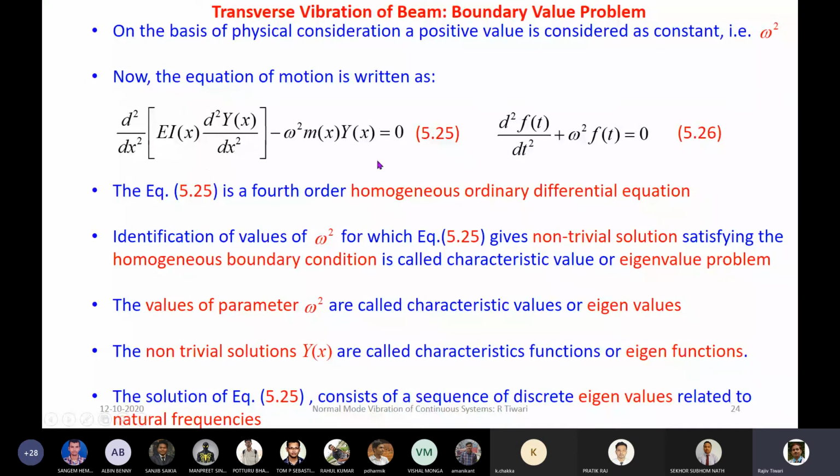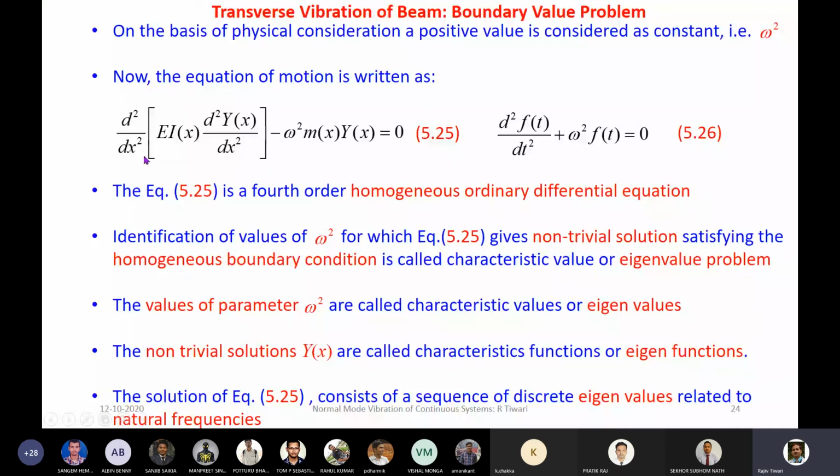The question is what should be the constant for which this differential equation will be satisfied. We chose the constant, but we need to find a non-trivial, non-zero solution, which will determine omega. We will find that there are some fixed values of omega for which this equation will be satisfied, and we need to satisfy the boundary conditions of the problem also.